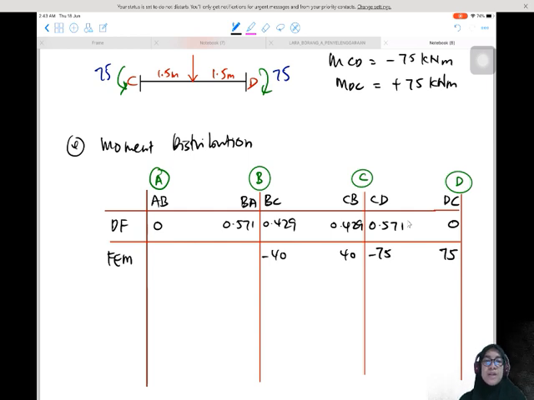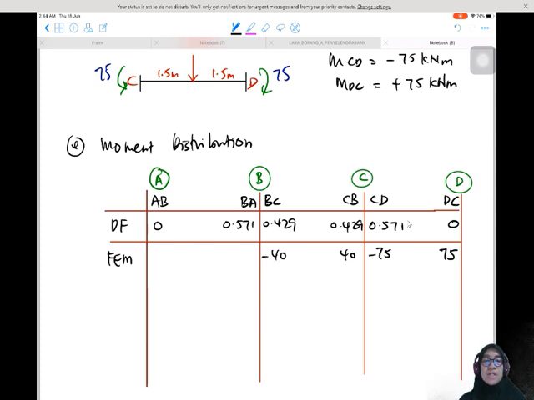The distribution factor for AB and DC is 0 because of fixed support. And the total distribution factor for joint B and joint C must be equal to 1. So we check the total value whether it is fulfilled or not. So it is 0.571 plus 0.429 equals 1.